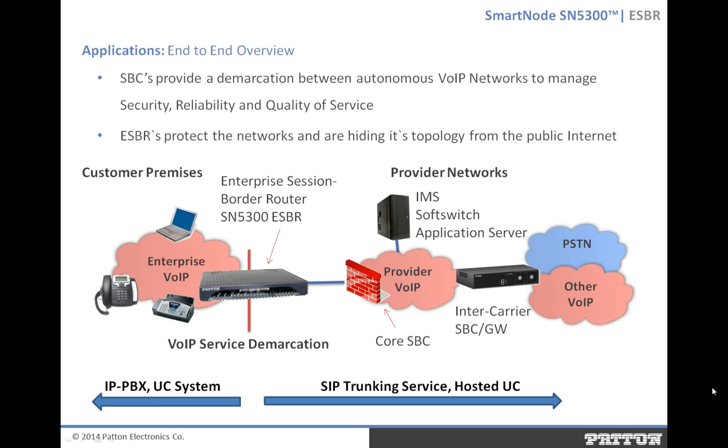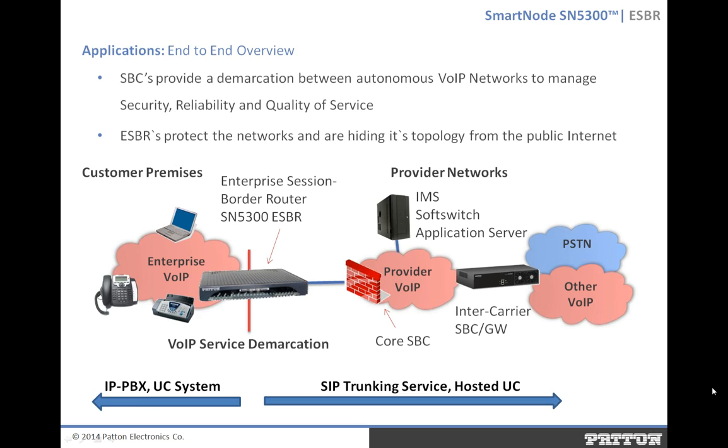So that's one key thing where the 5300 can or should be used, in order to protect the IP-PBX on the customer premise network. Also, as you can see here, the 5300 represents a voice service demarcation point.